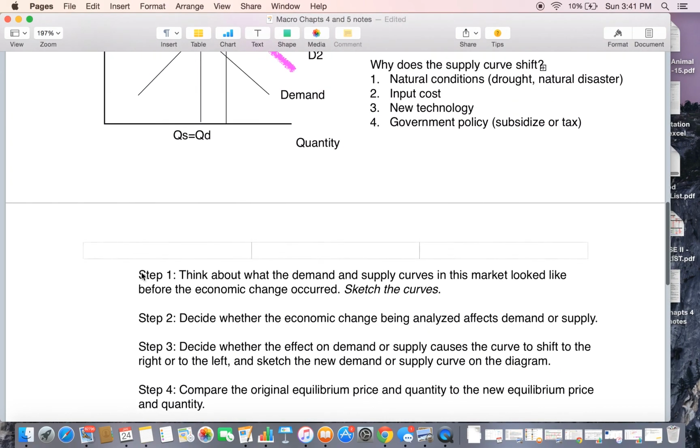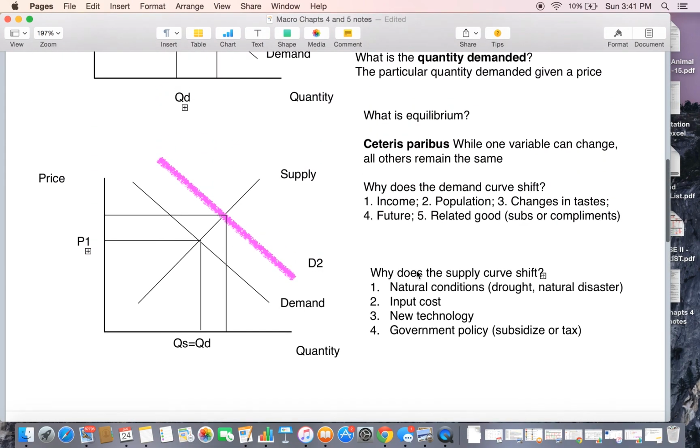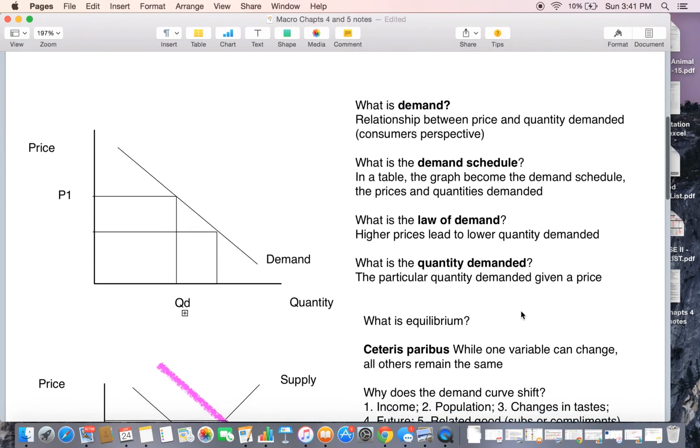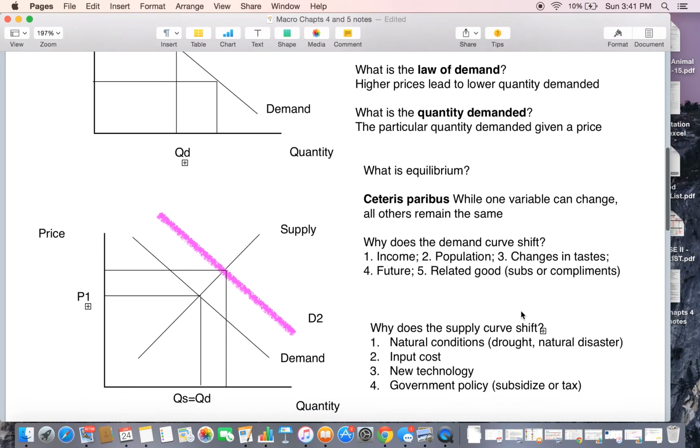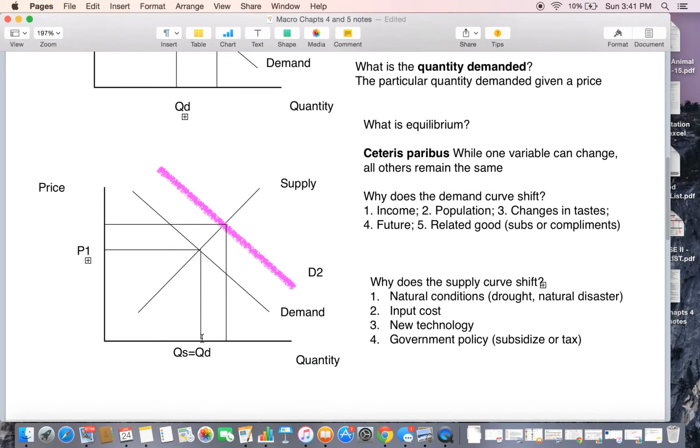So always go through this rationale, make sure you understand why demand and supply shift, and understand the difference when I say there's a change in quantity supplied. Whenever I'm saying there's a change in quantity supplied, that's just implying a movement along the supply curve. A change in quantity demanded would be a movement along the demand curve, whereas anything that causes the curves to shift would actually change the whole demand.